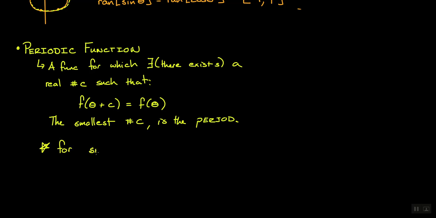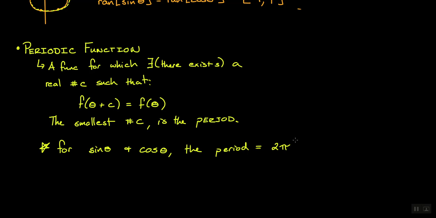For sine theta and cosine theta, the period equals 2 pi. Now, we're talking 2 pi radians.